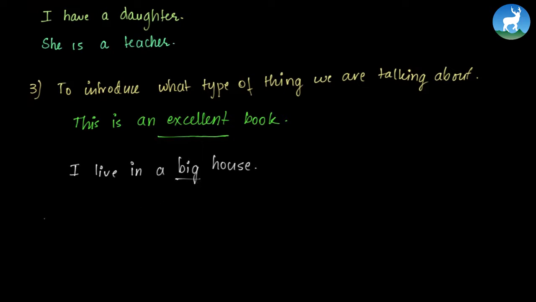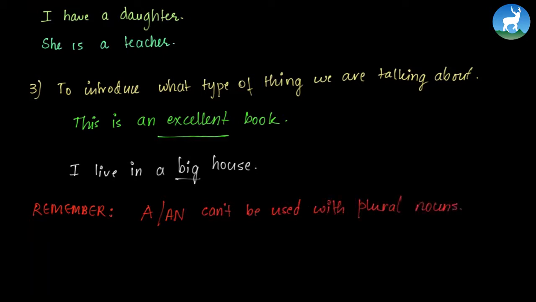Now we need to remember that a and an can't be used with plural nouns. Because a and an are singular, we cannot use them with the plural form of nouns.